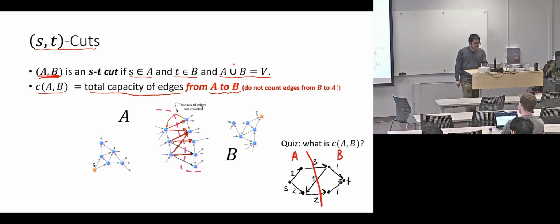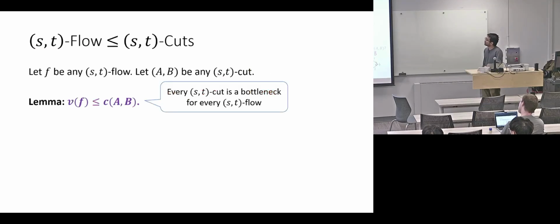Okay. So now there's one thing that we can talk about, the value of the flow. I can state one nice structural lemma, which is: look at any ST flow F and any ST cut AB.